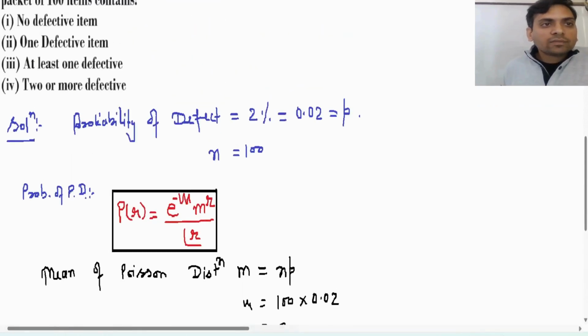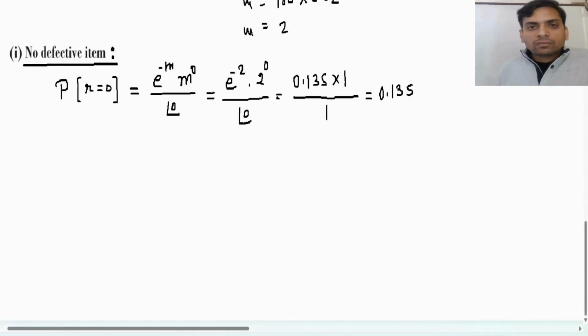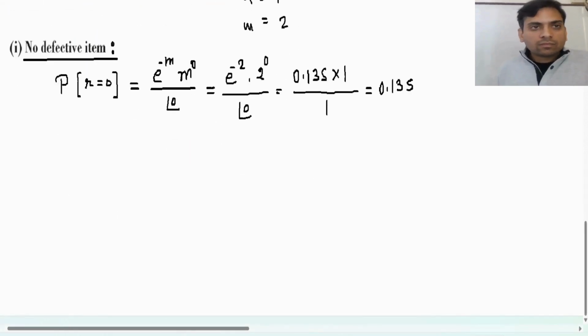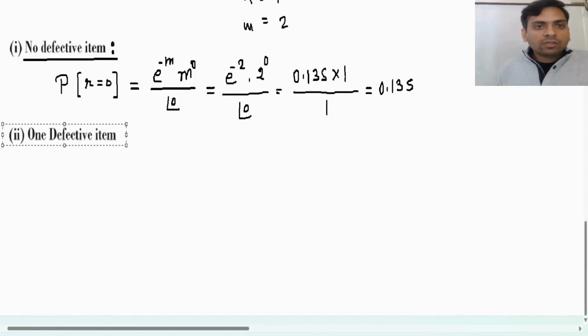So the next part is probability of one defect. Probability of one defect means r is equal to 1.